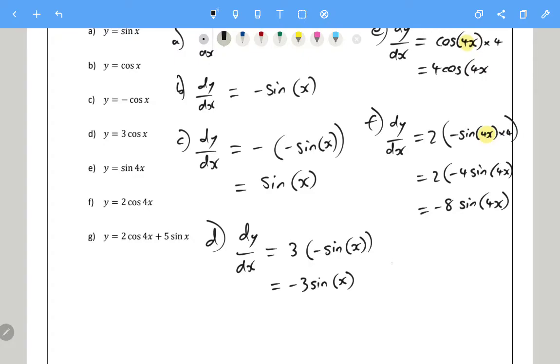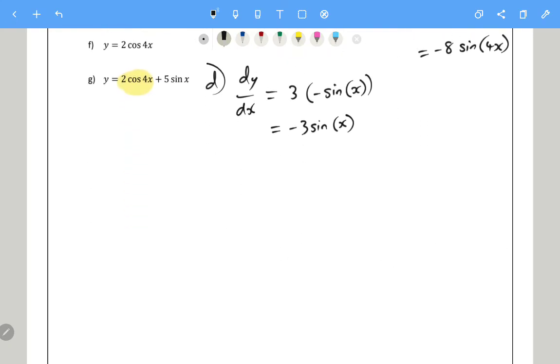Lucky last one, G. We've got 2 cos of 4x plus 5 sine of x. Let's just take them separately. We'll start off with this part of it. This part is just going to go to 2 negative sine, because cos goes to, sorry, cos goes to negative sine. But then we've got to multiply by the derivative of the brackets, which is 4. Let me give them some more space.